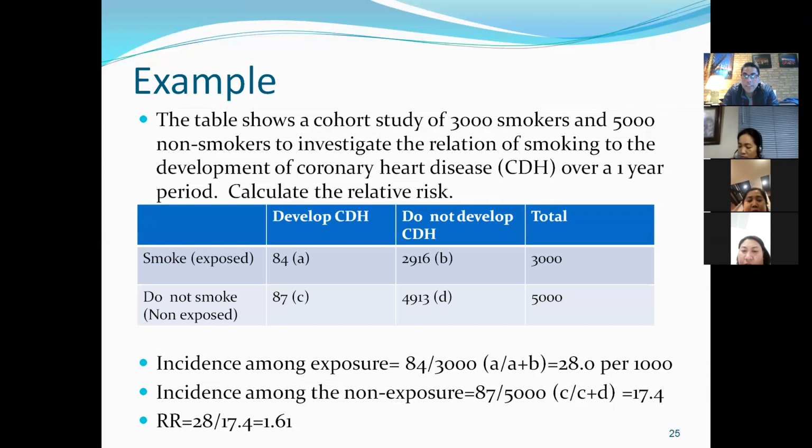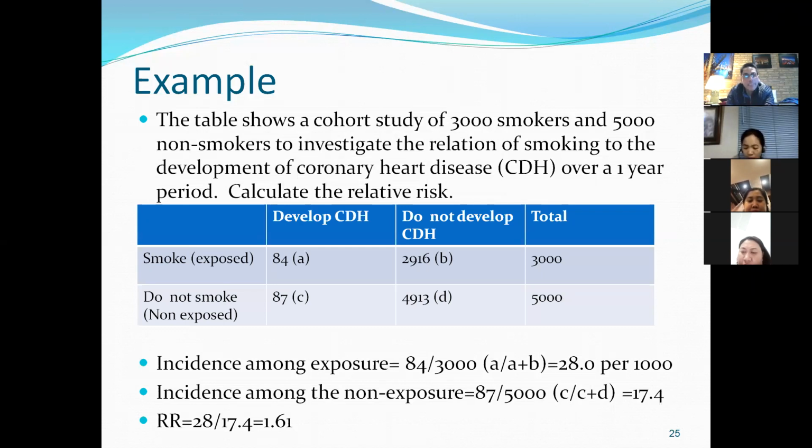That's 5,000. So you get your 87 divided by 5,000 equals 0.0174, times 1,000 equals 17.4.